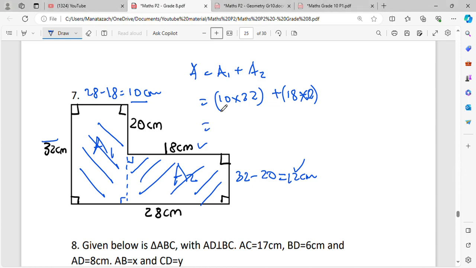Right, so 10 times 32 is going to give us 320 plus 18 times 12 is going to give us 216. So the total area of the L shape is going to be 356 squared centimeters.